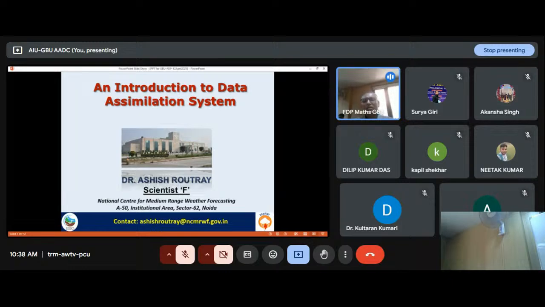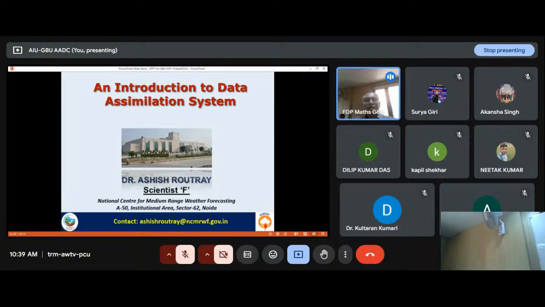Ashish Rautre. First of all, he is my good friend, and we did our PhD both from the same department at IIT Delhi. He did MSc in mathematics, MTech in atmospheric science, and presently he is a scientist at the National Center for Medium Range Weather Forecasting under the Ministry of Earth Sciences, where we have a computational facility in India, we can say on the first rank, and even number 2 in the world.